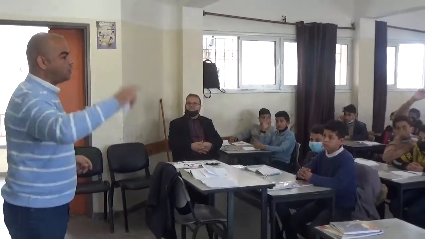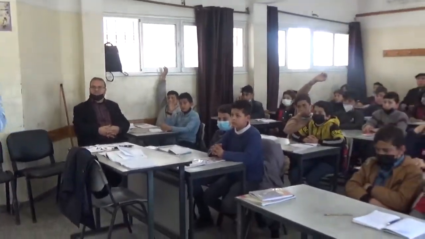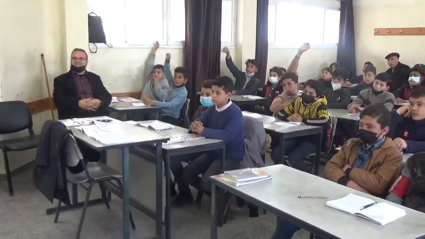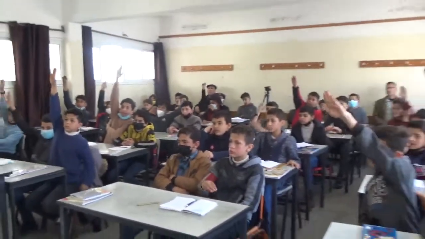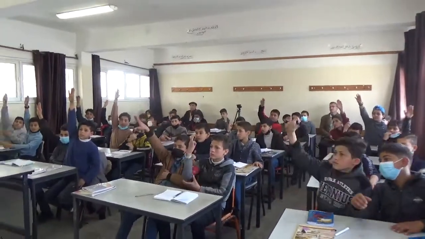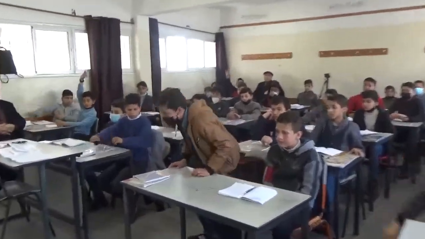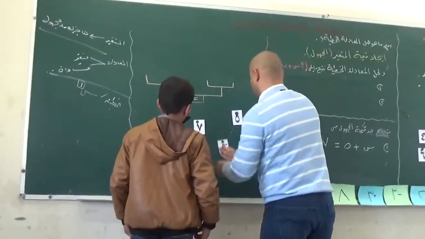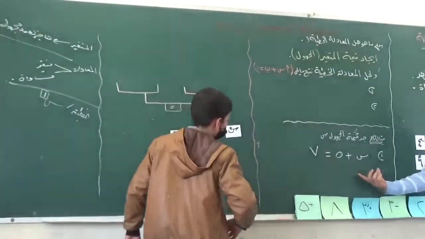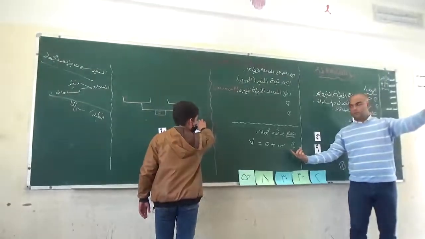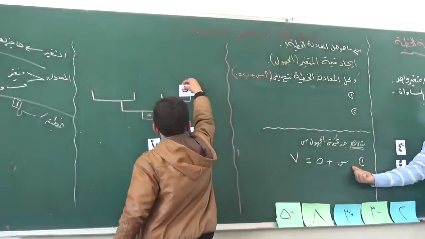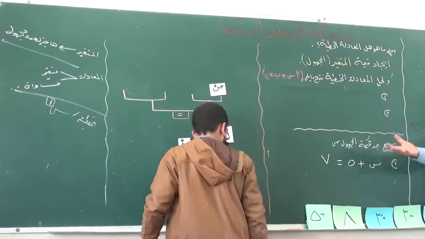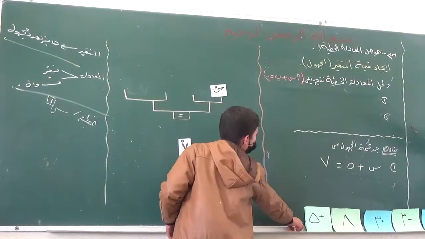Teacher: who can help him? I need one of you to come and put the equation on the balance. What do we have on the first side? Student: X. Teacher: the balance starts to lean to the right side.